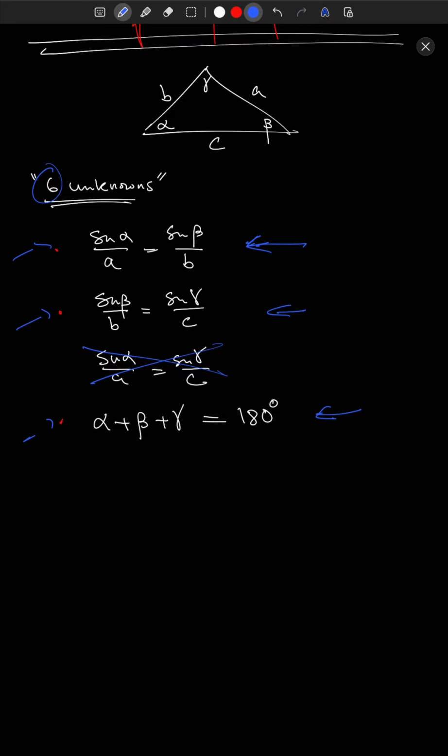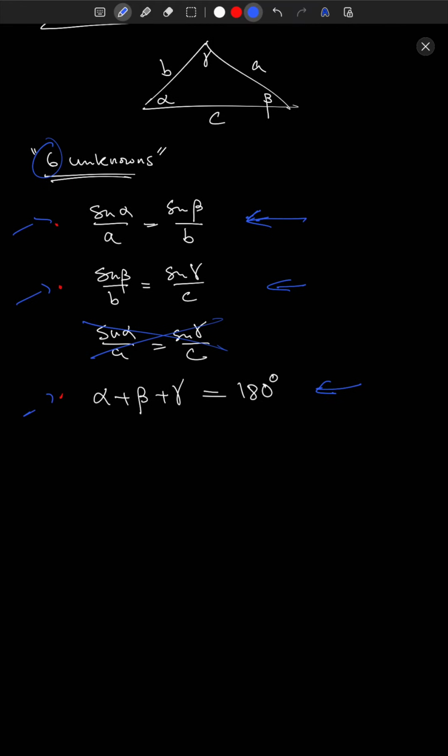So we have 6, we have 3, we need 3 more. And so that's where our idea of solving the triangles comes in, where we give you the other 3. We literally tell you what the other 3 are. Like we said, maybe I tell you A is equal to 3, B is equal to 7, alpha is equal to 10 degrees. So I'm literally going to give you 3 more pieces of information, telling you what those values actually are.